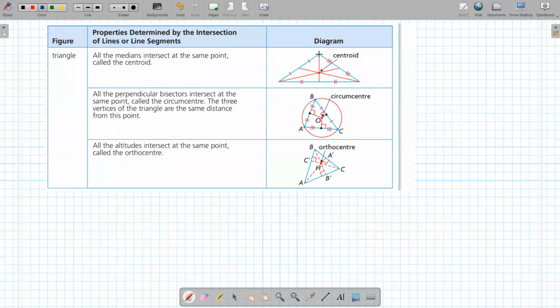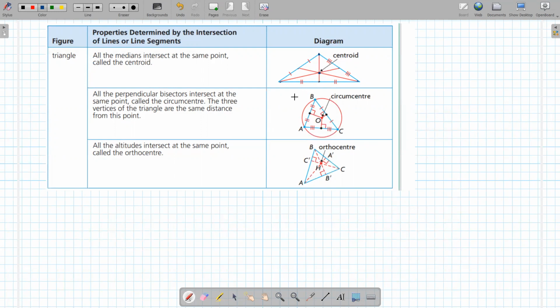Median means it goes from a vertex to the midpoint of the other side. Like this is a median line. This is a median line, and that is also a median line, yeah? You have three different median lines. If they meet, they're gonna meet somewhere. That point is called the centroid, okay? That point is called the centroid.